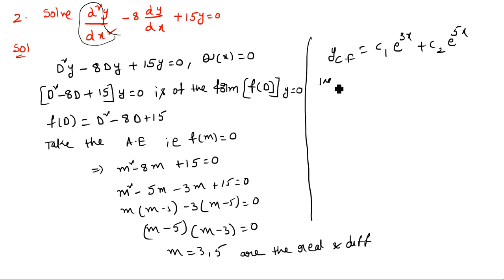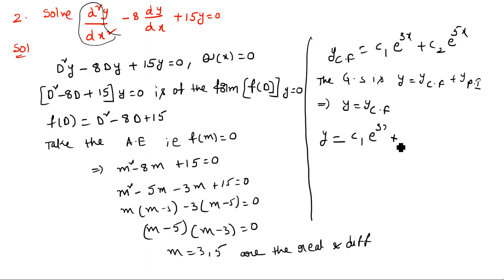The general solution is y equals to YCF plus YPI. So that implies y equals to YCF only, since YPI equals to 0. Therefore y equals to C1 e power 3x plus C2 into e power 5x, where this is the general solution.